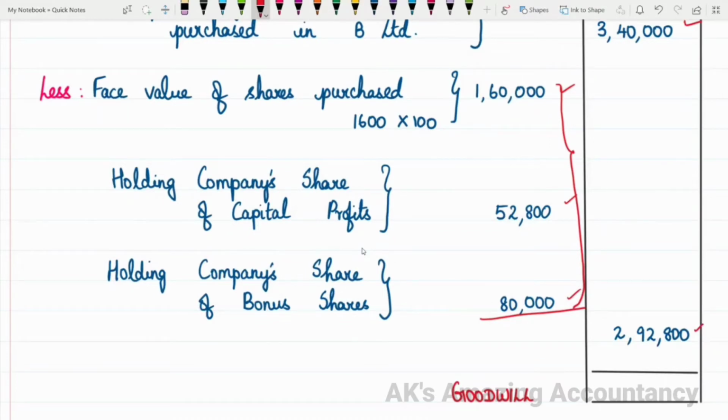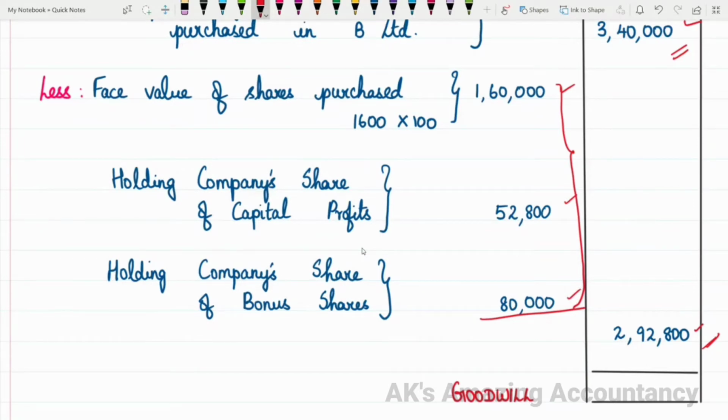From this particular amount, 3,40,000, you have to deduct 2,92,800. If you get a positive answer, that will be called goodwill. And if you get a negative answer, that will be called capital reserve. So what are you getting here? You're getting a positive answer only, isn't it? How much is that? It is 47,200.